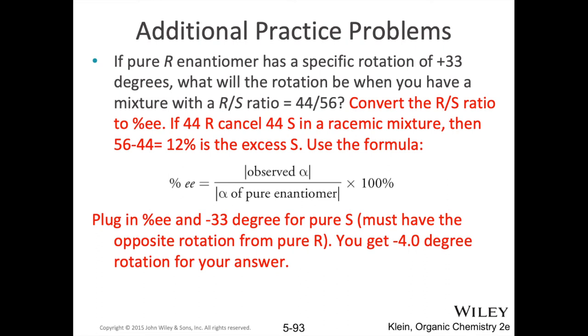So if we know that this is 12% and this is negative 33, we're going to solve for the observed alpha. Take 12% times negative 33, divide by 100, and that gives you the answer.